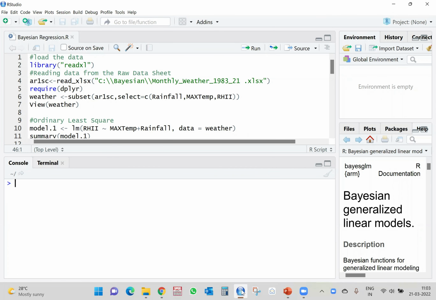The first task for us is to load or import the data from an external file, which is an Excel file, into the R environment.